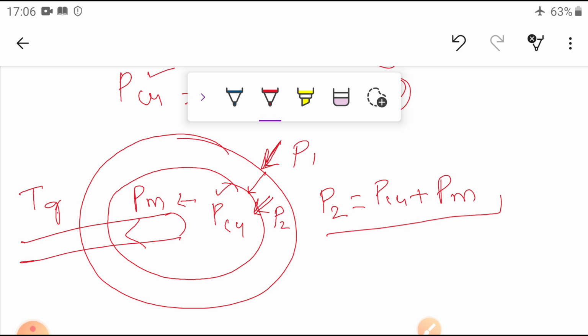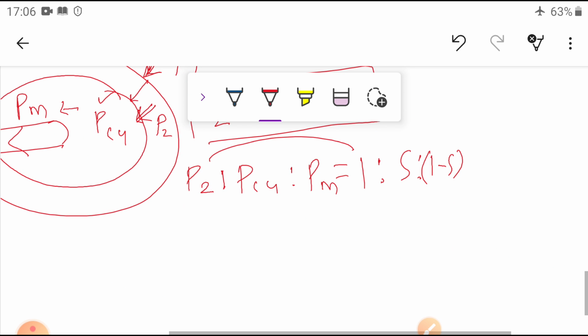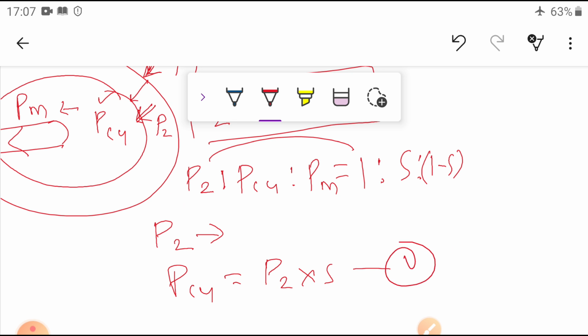I want the relation between these three. I can write P2, P copper and PM in the ratio 1 is to S is to 1 minus S. Suppose I want the rotor copper losses and I know P2: I can simply take P2 into S to get the copper loss.